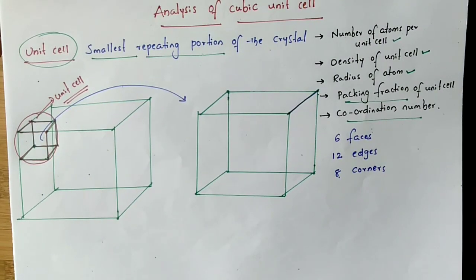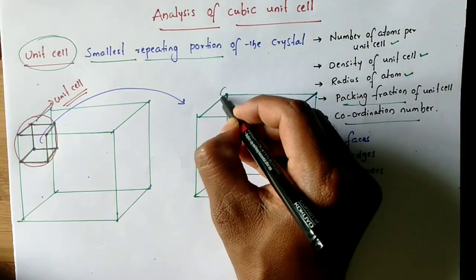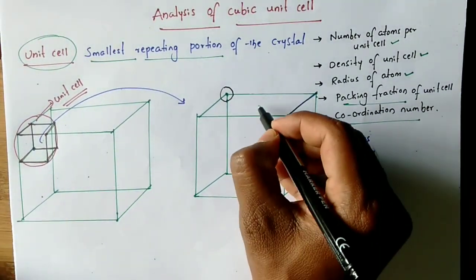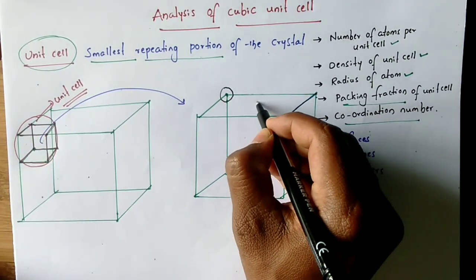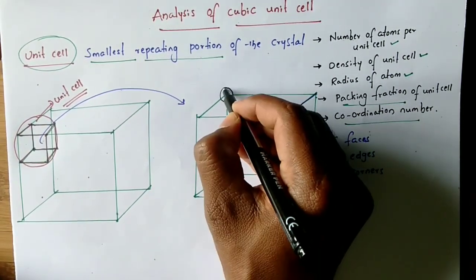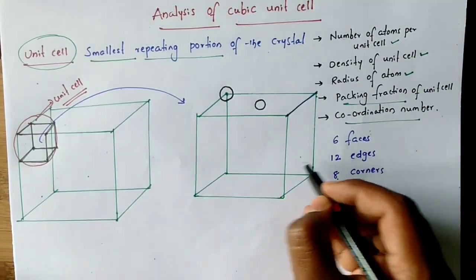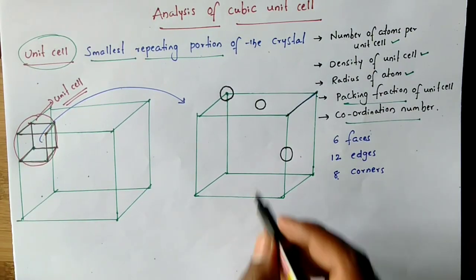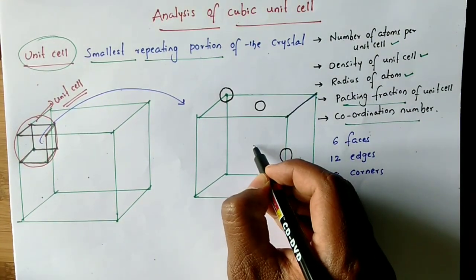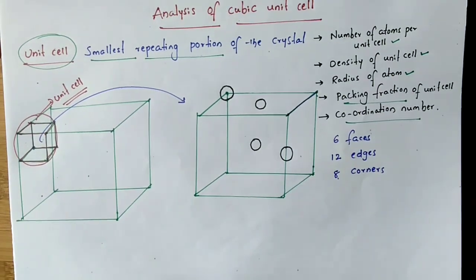The atoms are present at the corners as well as at the center of phases, the exact center of phases. So atoms are present at corners, center of phases, on the edges, and at the exact center of the unit cell.